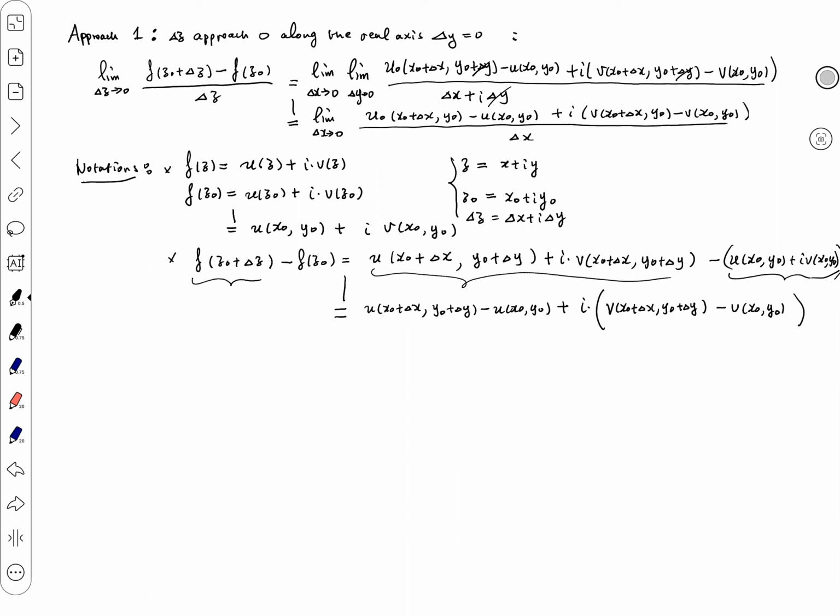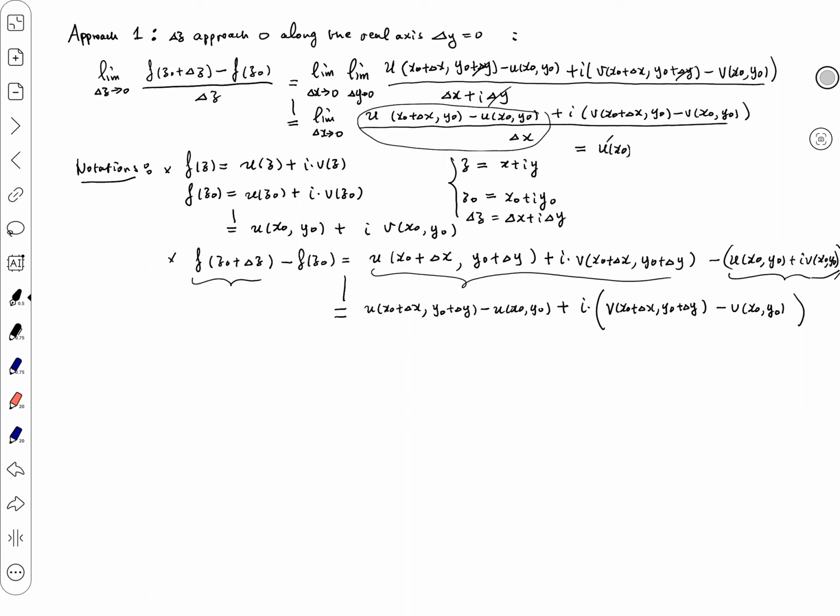This is really the derivative. If you just look separately, this part is really the derivative of u with respect to variable x at this x naught, right? So the first part becomes u's x naught derivative.